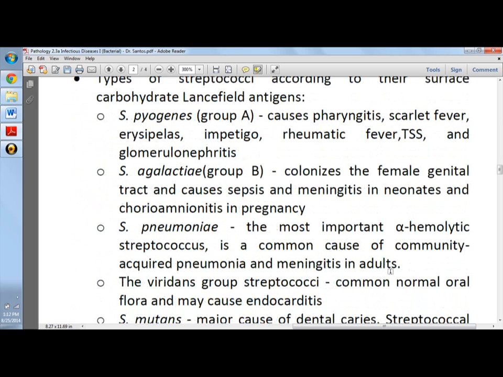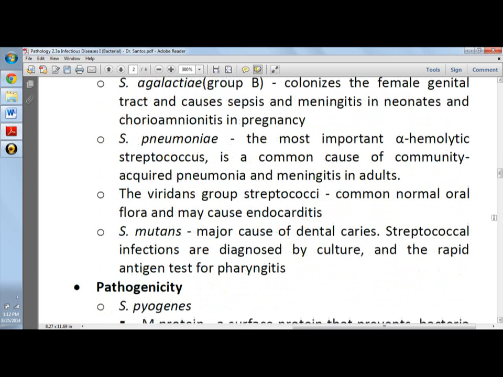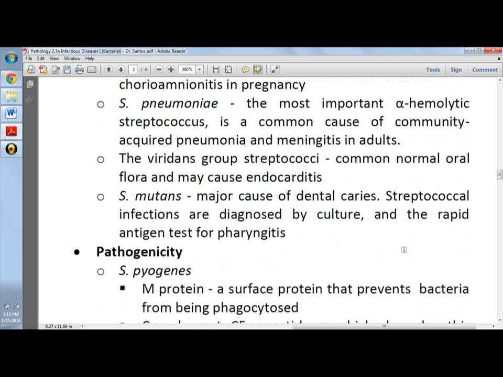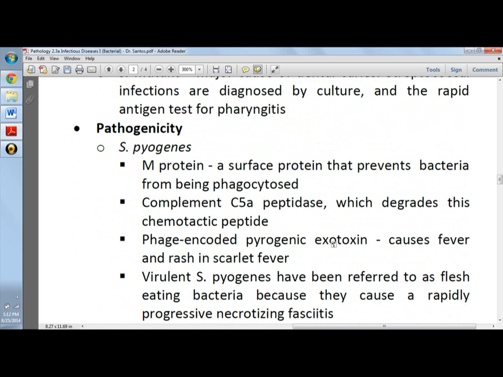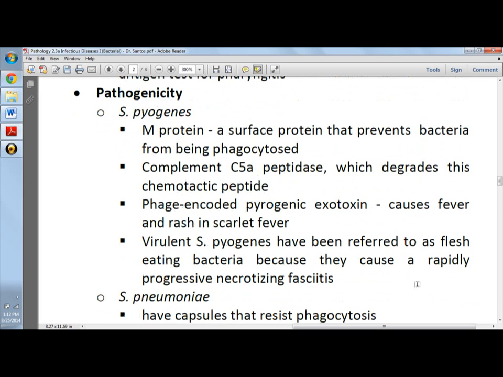Have this again, S. pyogenes, group A, agalactiae, group B, S. pneumoniae, and then we go viridans strep, S. mutans, yeah, those were discussed a while ago.